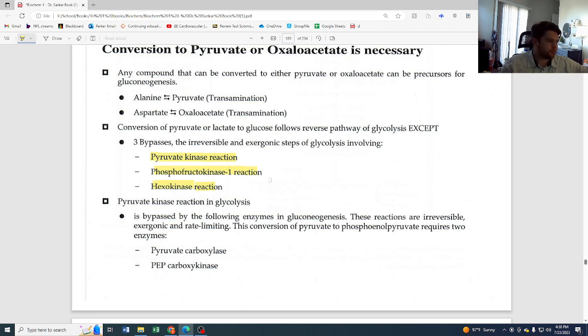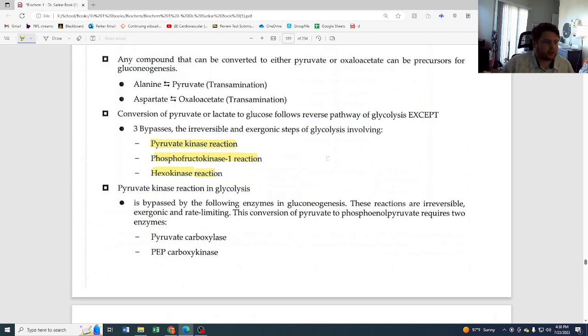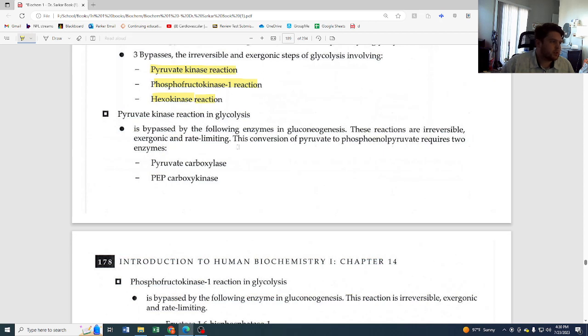So typically, all of the other reactions can use the same enzyme and go backwards. But these 3 steps are going to need a bypass, something to help them go around it because of how exergonic those steps are. So the pyruvate kinase reaction in glycolysis is bypassed by the following enzymes in gluconeogenesis: pyruvate carboxylase and PEP carboxykinase.